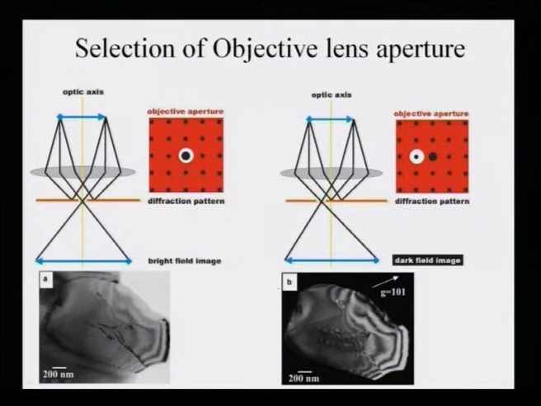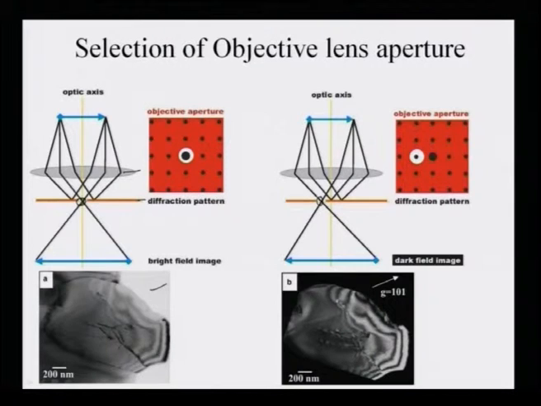So, this is my diffraction pattern on the back focal plane, as you can see, focused by the objective lens. This is the objective lens here. If I take the bright spot, the undiffracted, transmitted, or forward scattered spot, whatever way you explain it, then what we form is a bright field image, where the field is bright and the image looks black.